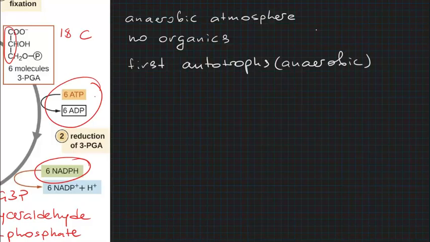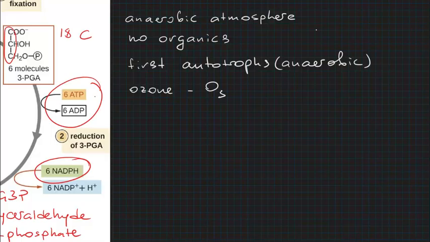Now, what protects Earth, like surface, us, from the UV light? Say again? Ozone layer. Does anyone know the formula of ozone? Yes, O3. So it's oxygen, right?